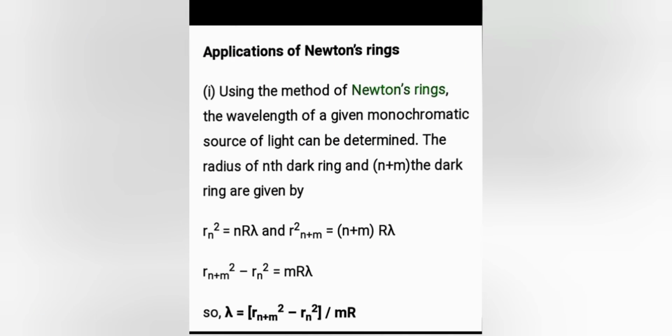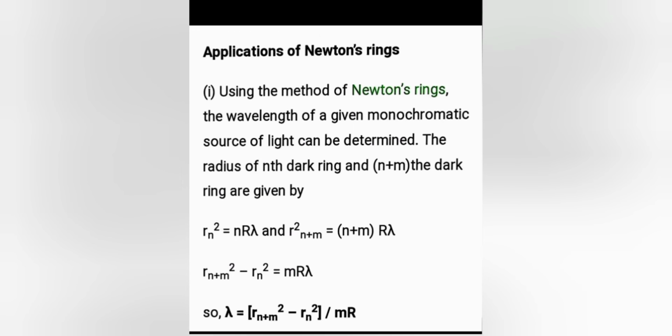Application of Newton's ring. We have two applications of Newton's ring. First one is, using the method of Newton's ring, the wavelength of a given monochromatic source of light can be determined. The radii of the nth dark ring and the (n plus m)th dark ring are given by Rn square equal to nr lambda and R square n plus m equal to (n plus m) r lambda.